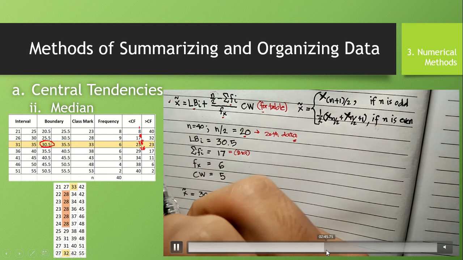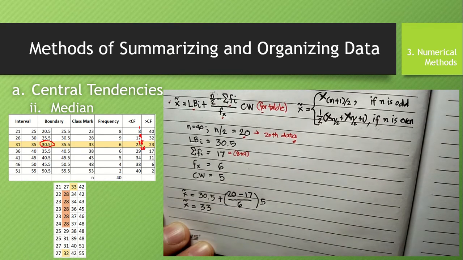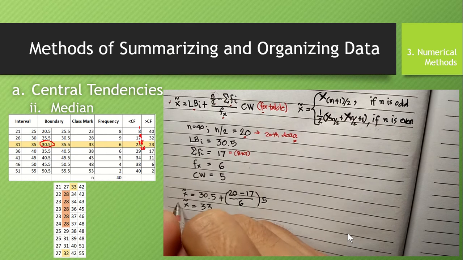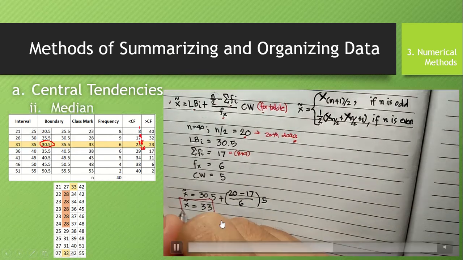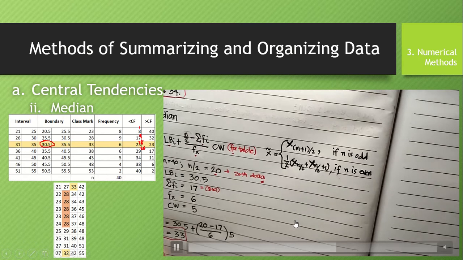Then you'll get 33. So our median for the grouped data is equal to 33.